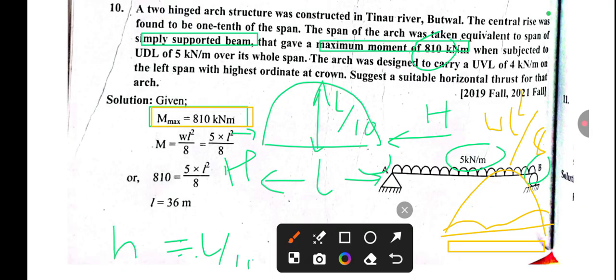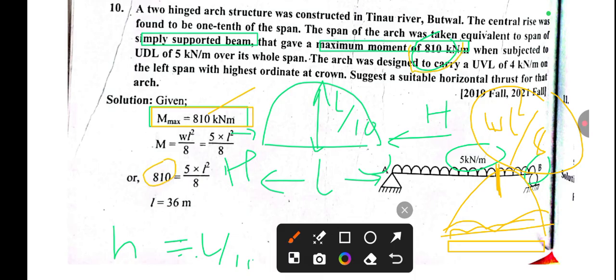This was the formula. For the UDL we have to find the maximum bending moment, which is calculated by the formula WL square by 8. The maximum moment is given in this question, so we just need to put the values.